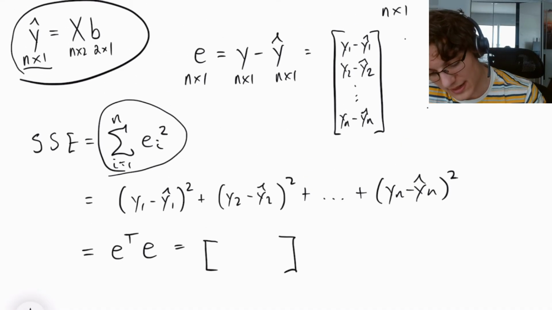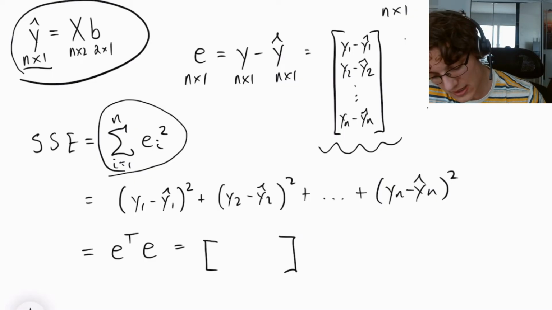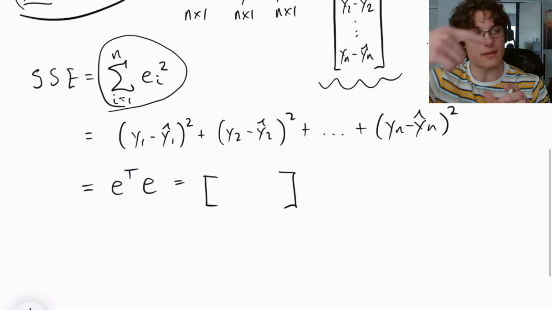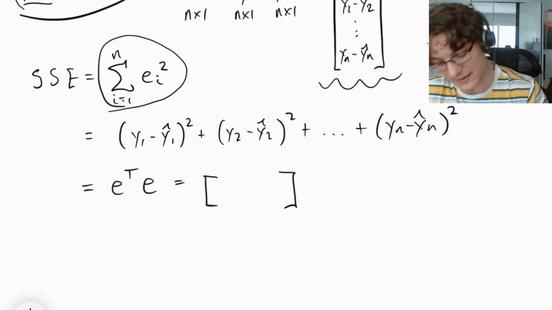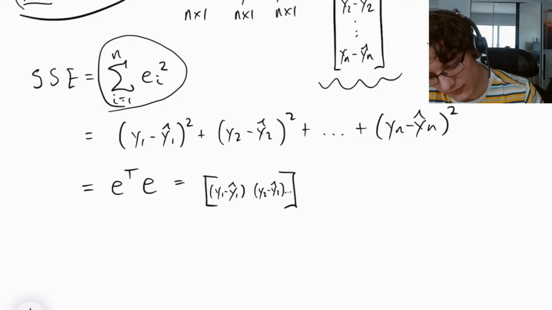So let's just say we have this vector here, right? That we have the collection of individual observations of Y and the associated predictions, Y hat. E transpose is simply that rotated horizontally. So we have y1 minus y hat 1, and then in the second index we have y2 minus y hat 2, and so on and so forth.